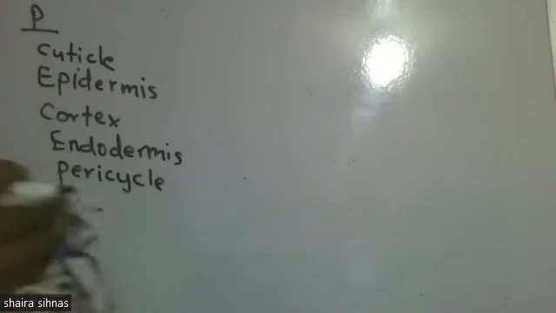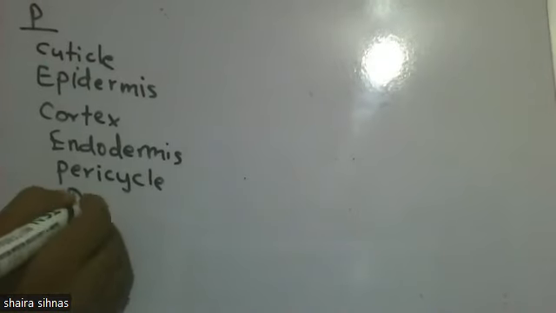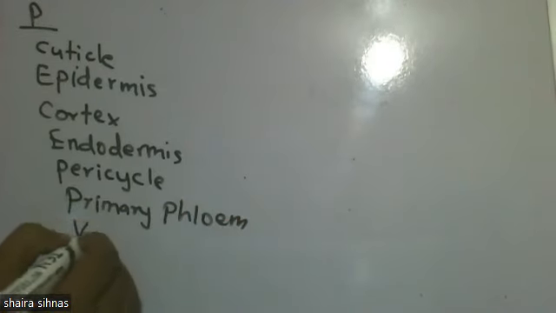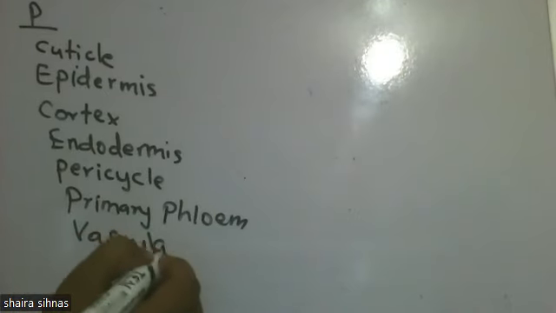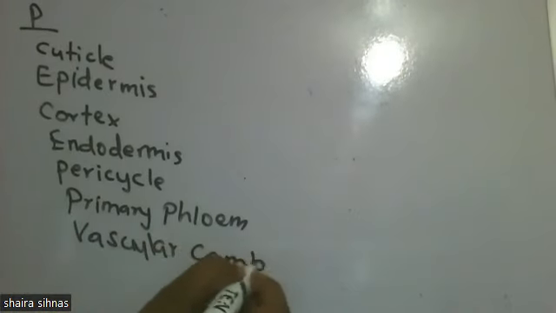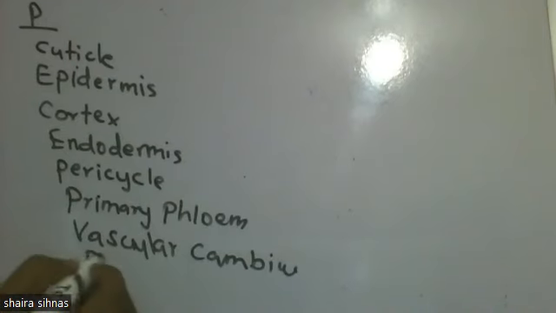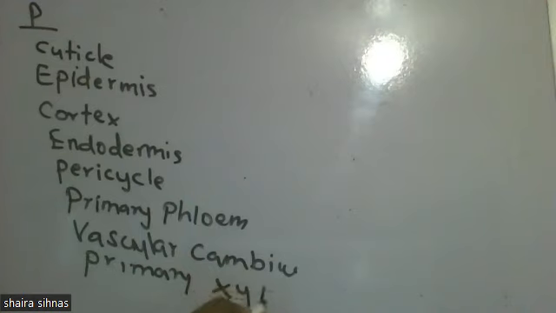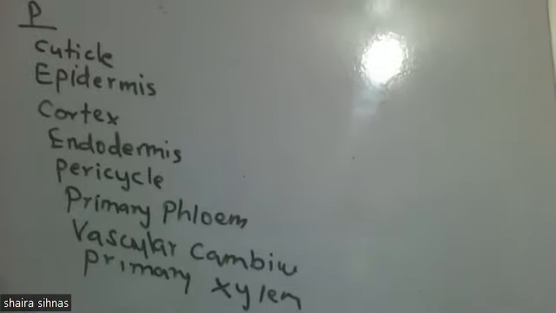In the vascular, primary phloem, and the vascular cambium and primary xylem. So these are the things we had in the primary structure.